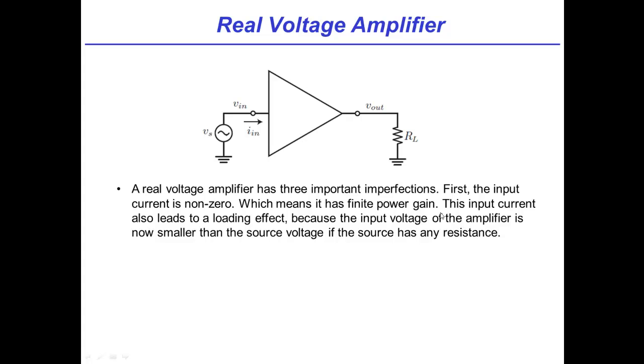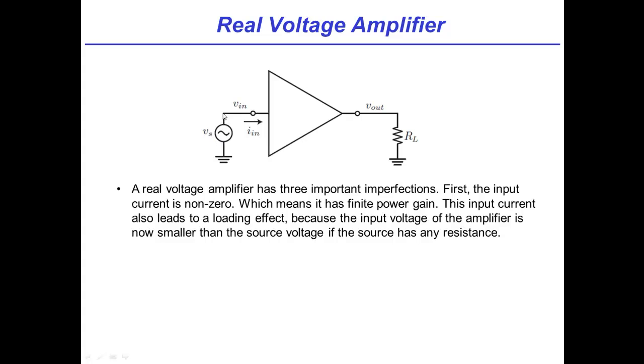Now, the other point about this input current is that it leads to a loading effect. And we're going to discuss that in great detail. Vivek's about to go into that in some detail. But as a preview, you can imagine that if there's any source resistance associated with this source here, if there was a little resistor R_S, then I_in times R_S would constitute a little voltage drop, such that V_in, the voltage at this input, would not be V_S.